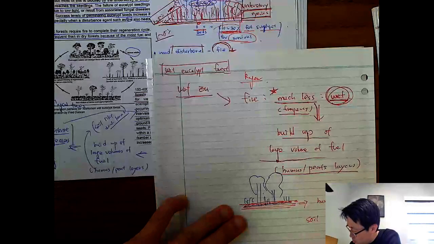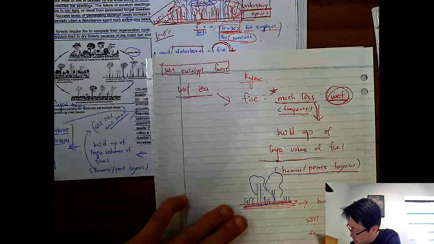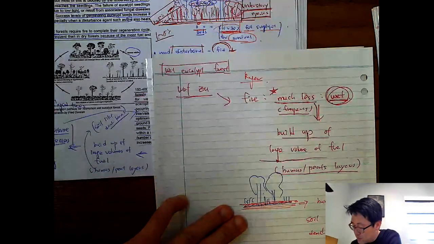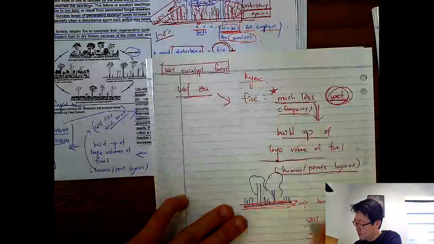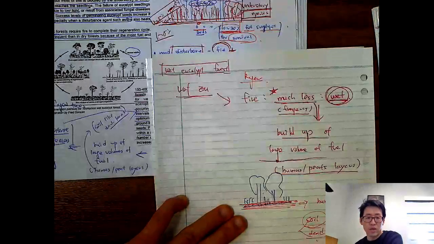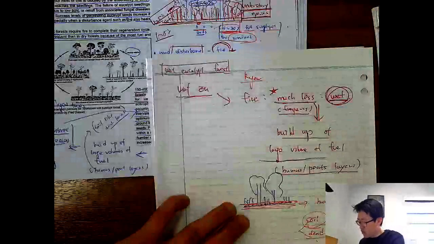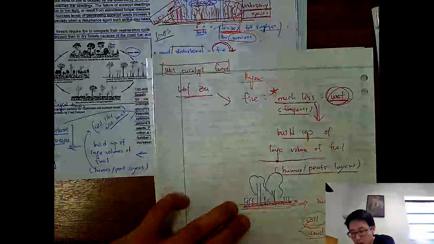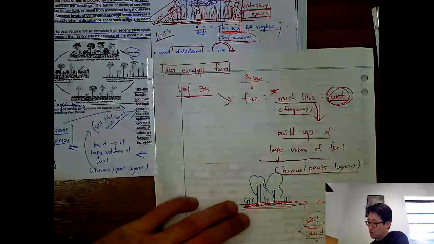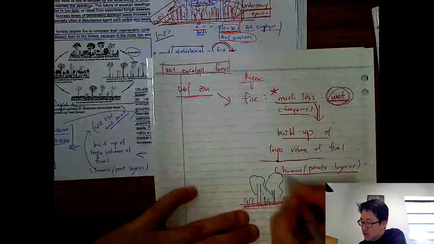Usually soil-like, dead leaves or trees. It becomes like a soil. If you go to a wet eucalypt forest, you can actually touch that ground. It's not actually soil. It's soil-like leaves. It's a thick layer of leaves that builds up.